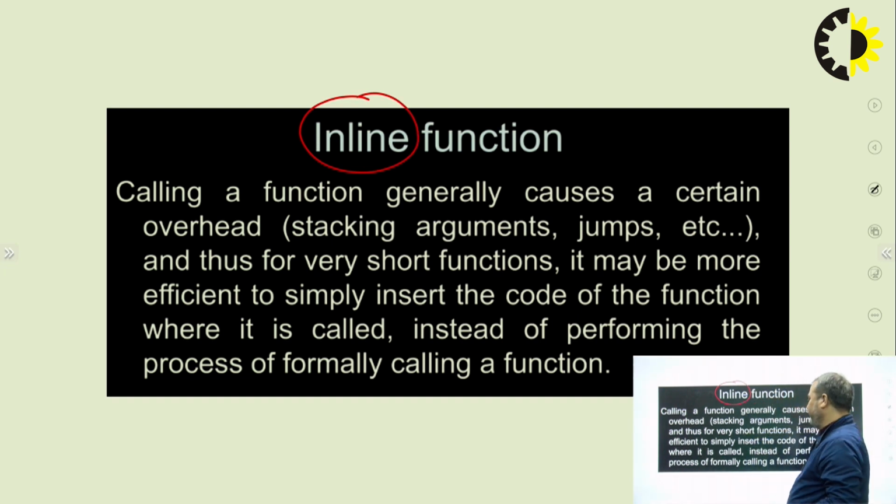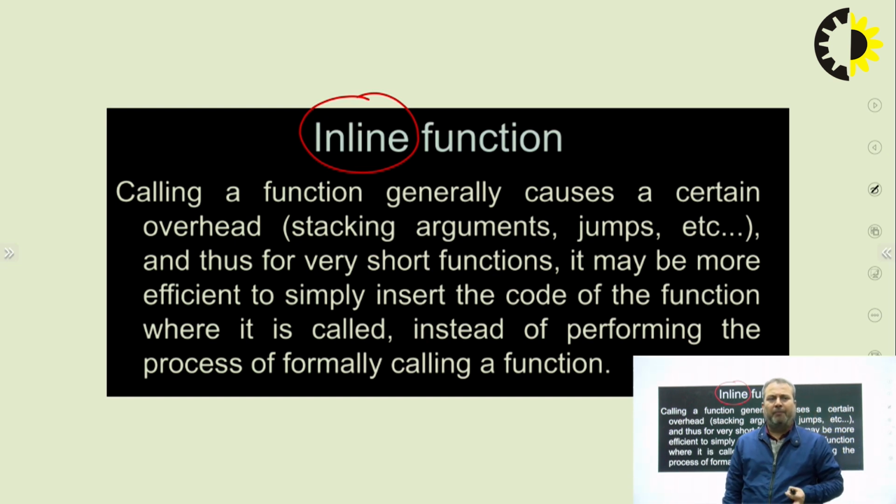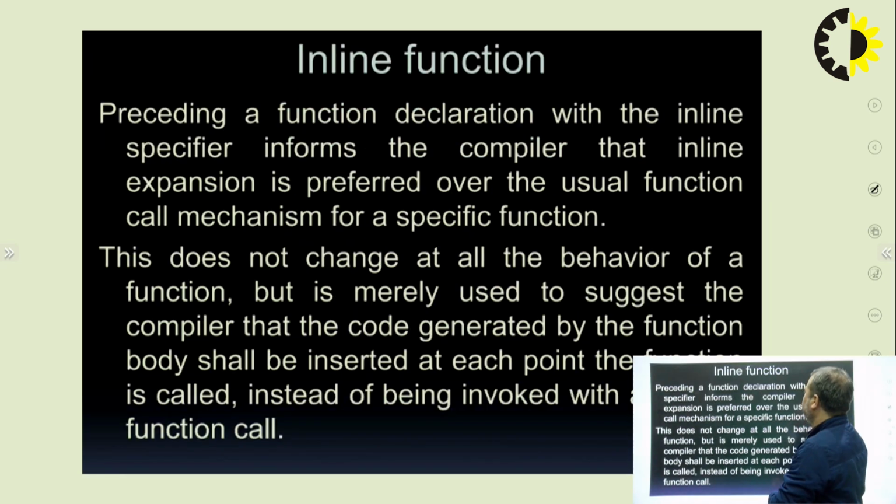So we can make any function inline if it does not have bigger code, say a single line or two lines of code. It will behave just like a macro, right? So the time complexity we can reduce.